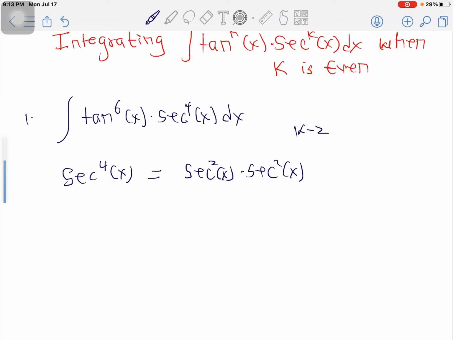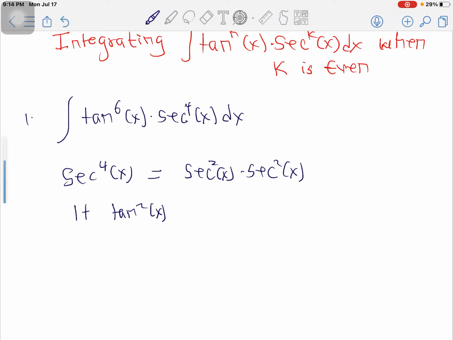This is because our first strategy is to write sec to the power k as sec to the power k minus 2 times sec square of x. So now we have expressed sec to the power 4 as sec square of x multiplied by sec square of x.